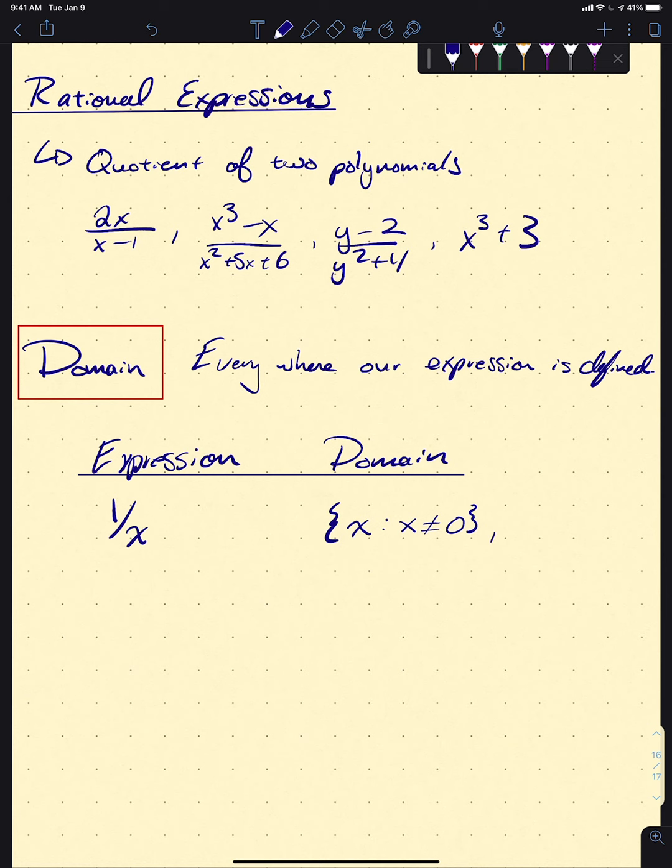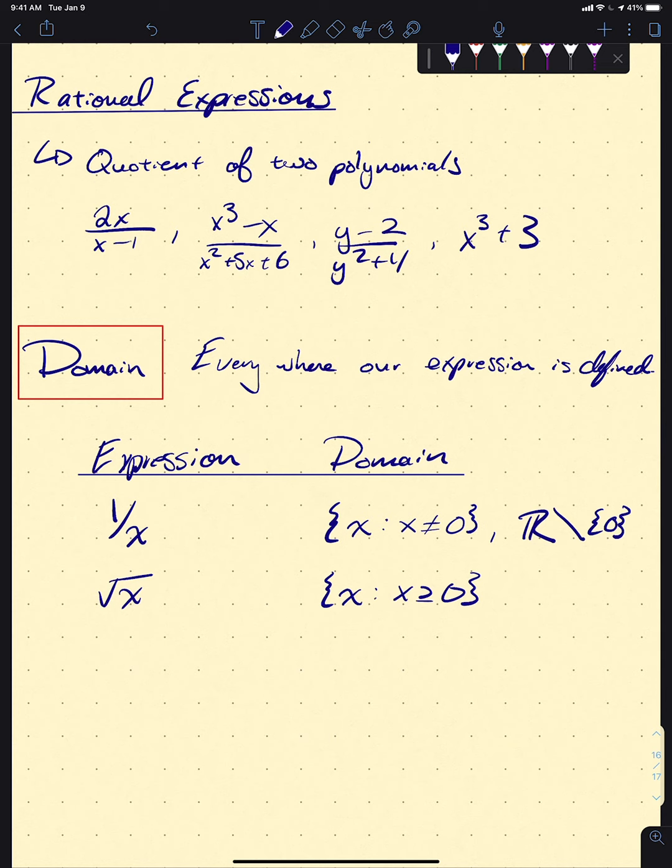Another way to write this, if you want to use that set minus, is the real numbers minus the set containing 0. Another common one is our square root function. Remember, our square root is not defined for negative inputs, so our domain is everywhere where we're greater than or equal to 0.